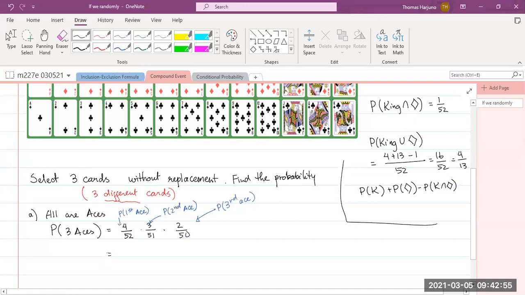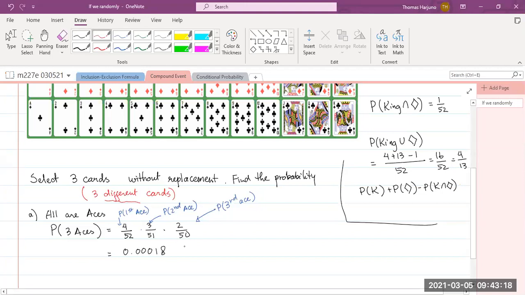Now from there you compute the probability. Usually I ask you to convert this into decimal. So 4 over 52 times 3 over 51 times 2 over 50. That is a small number, 0.00018.